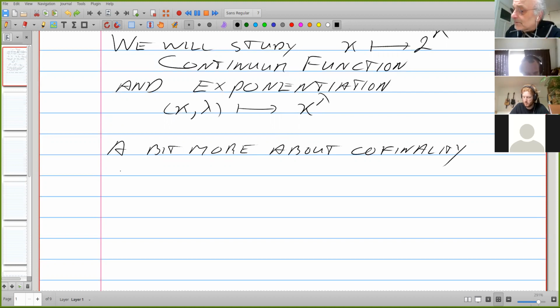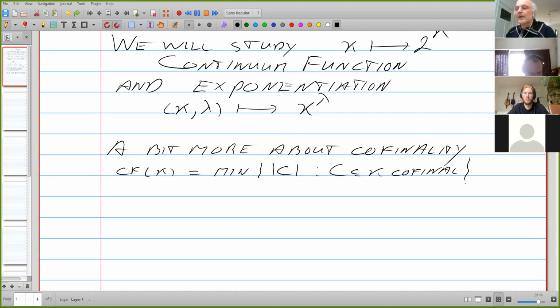So remember, the cofinality of kappa was defined as the minimum cardinality of a cofinal subset of the linearly ordered set, that is the cardinal kappa.